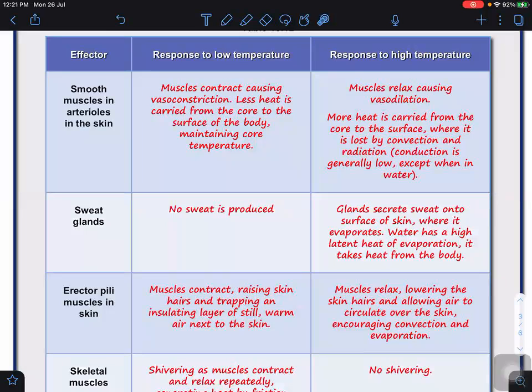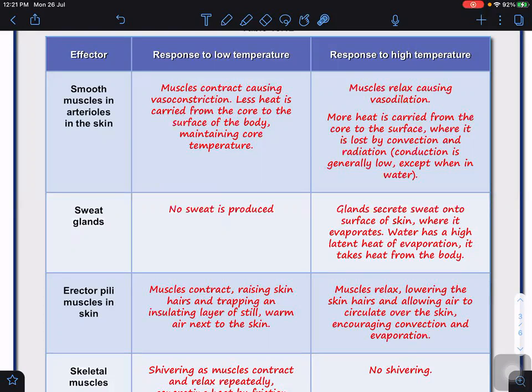We need to relax our smooth muscle so that we can have vasodilation. It means an increase in the diameter of the lumen of the arteriole, so that the blood will enter into the capillary. So more heat is carried from the core to the surface.